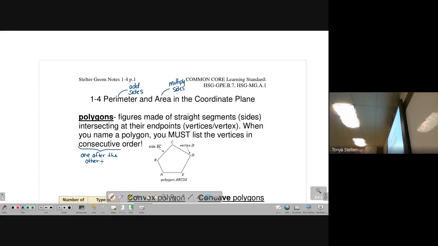So wherever you decide to start, like if you started at C, you'd have to go C, D, E, A, B. If you start at A, you have to be in order, no skipping vertices.